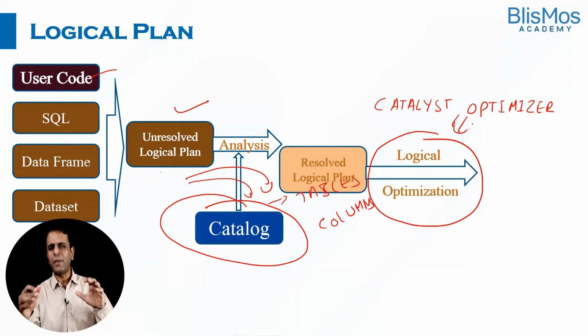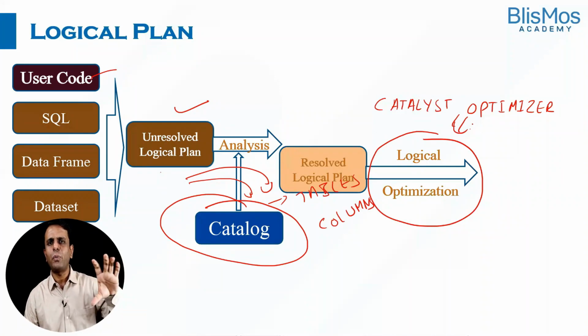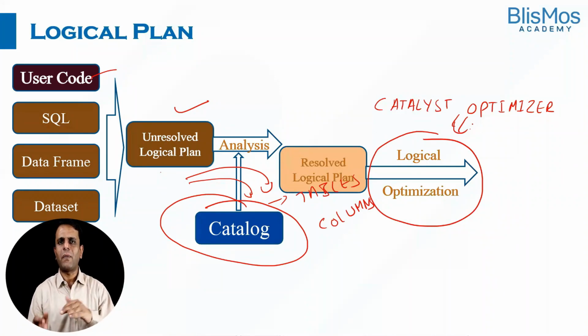What essentially is happening here is, let us say you have written multiple filters. If you remember, we have already seen one example where we have 3 to 4 filters. Even though we wanted only 50 records, we had to go through so many records as a part of the earlier transformations. That doesn't make sense, right?